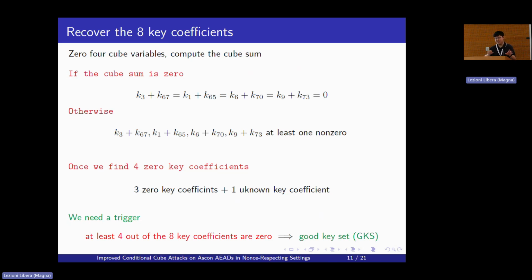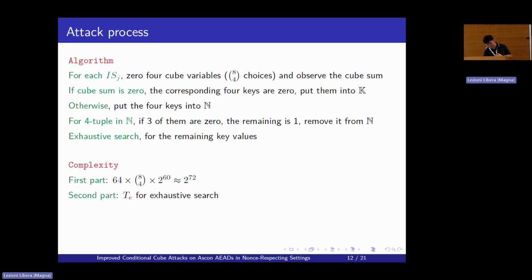If the cube tester is 0, we know the final one is 0. If it is non-zero, we know the final one is 1, because if all 4 are 0, the cube sum will definitely be 0. That is to say, we need a trigger for the 8 k coefficients. We call such 8 k coefficients related to an initial structure a k set, and if it has a trigger, we call it a good k set.